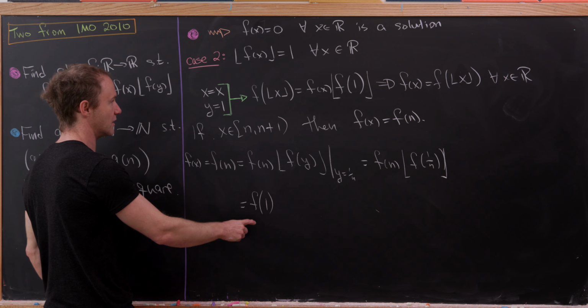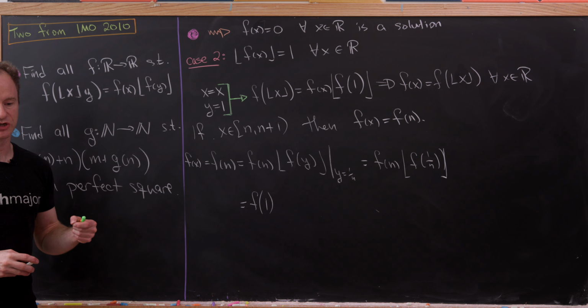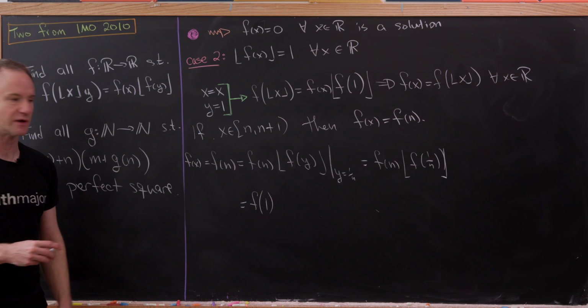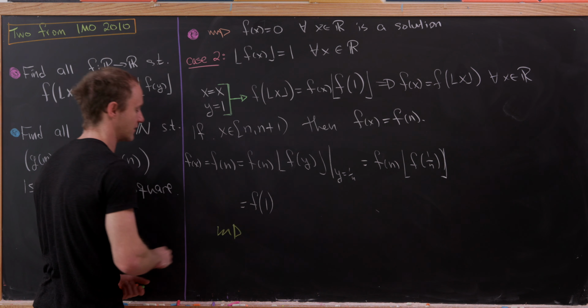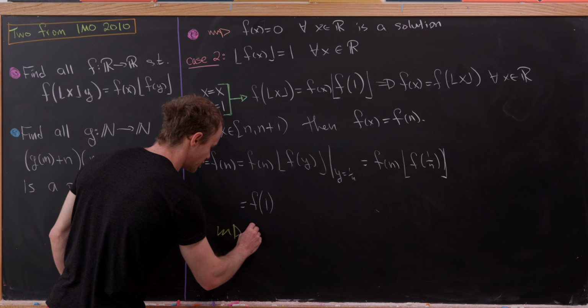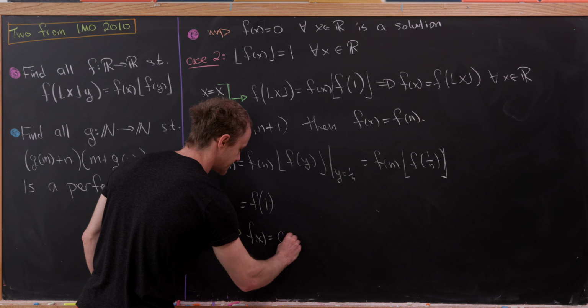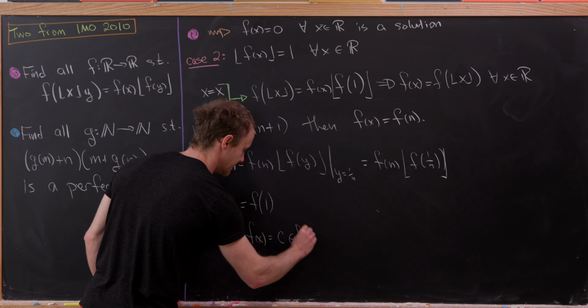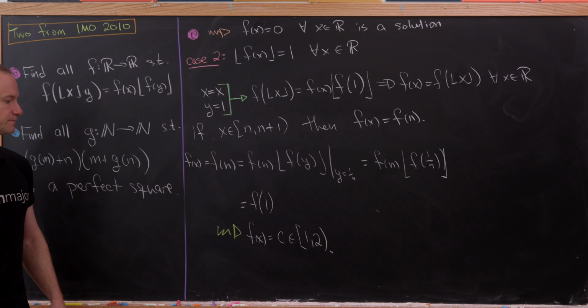But we also know that if we take the floor, we get 1. So in fact, we have a constant function, and that constant lies between 1 and 2. So putting this all together, we see that we have a solution where f of x equals some constant, and that constant is on the interval from 1 to 2, not including 2.